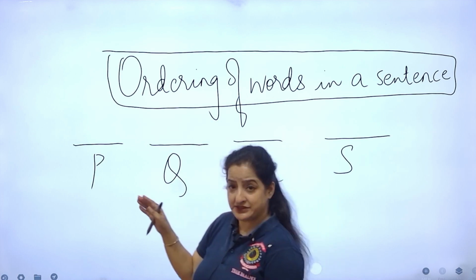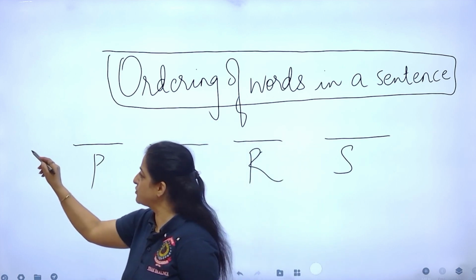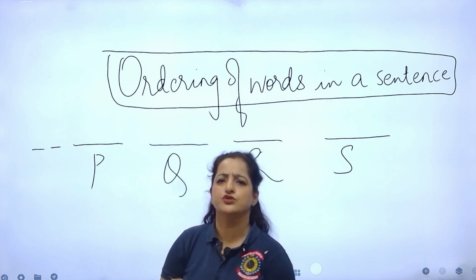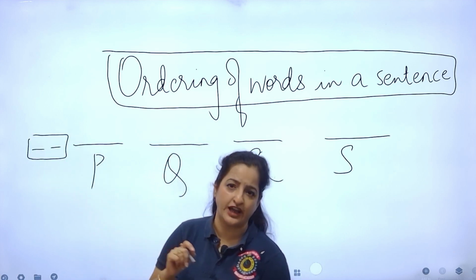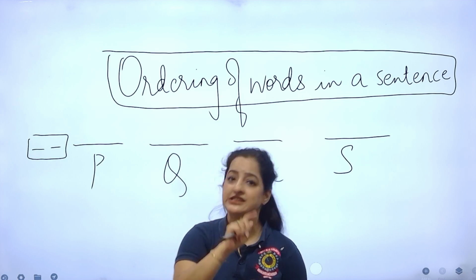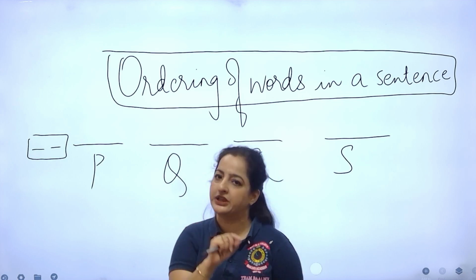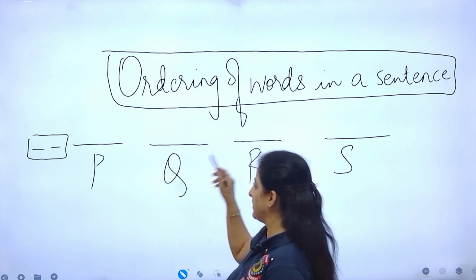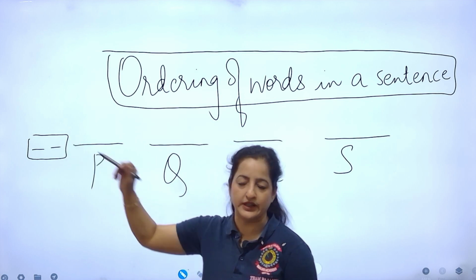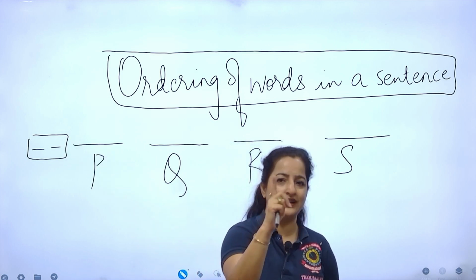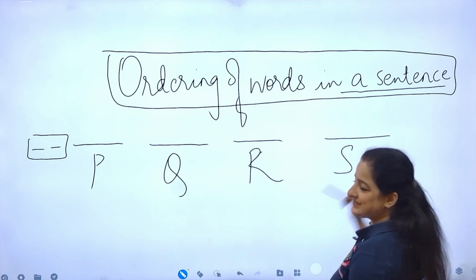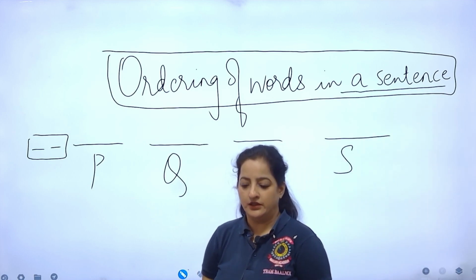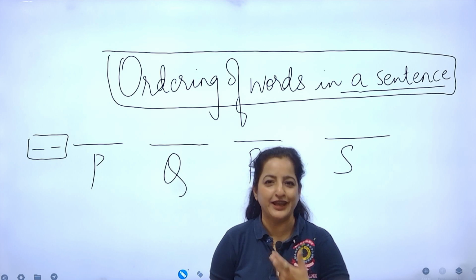Sometimes, other than PQRS, one or two words could be given here also. It means this is the fixed fragment and the sentence begins with it. They have given you the beginning part and then you have to attach PQRS to this one only. Ultimately, it will form one sentence, right? So, we are doing ordering of words in a sentence. Jumbled words is another name for this section.